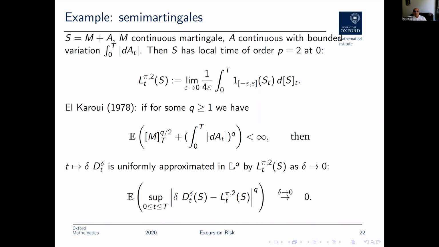The first class of examples is a very important class, which has been used almost all the time in finance: semi-martingales. So Brownian motion is a special case. Think of a semi-martingale as a signal plus noise, where the signal is bounded variation and the noise is a martingale.